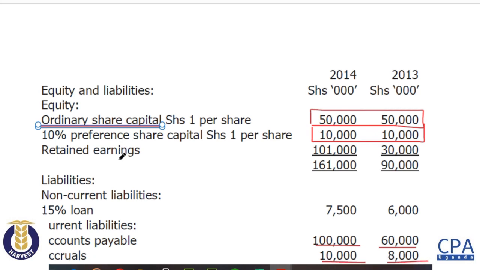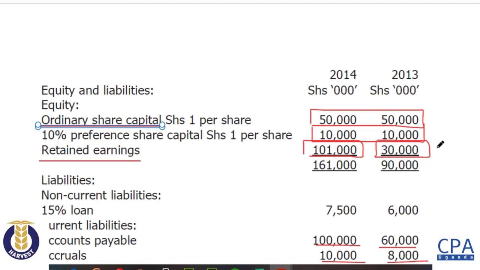Now, when you move down to the other item under equity, retained earnings, you see that there is an increase in retained earnings. Now the question is, what would cause an increase in retained earnings? One, retained earnings would ideally increase if we have made a profit.